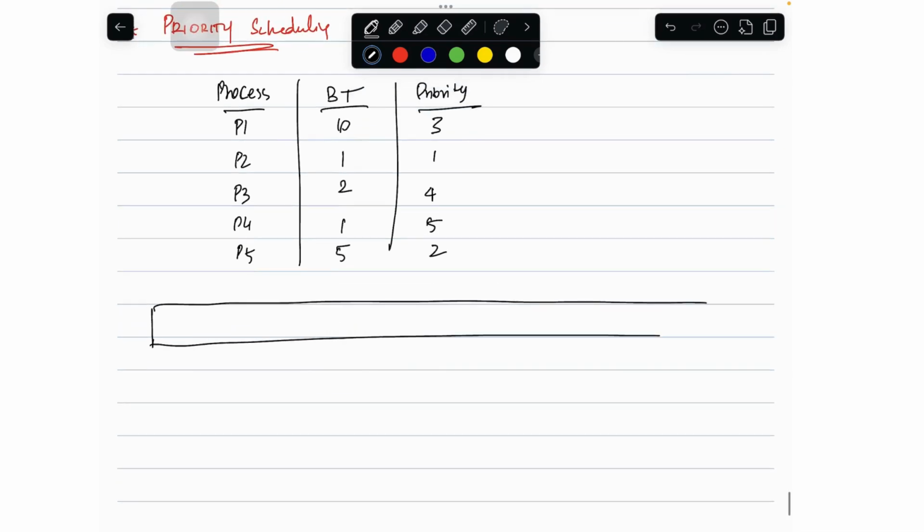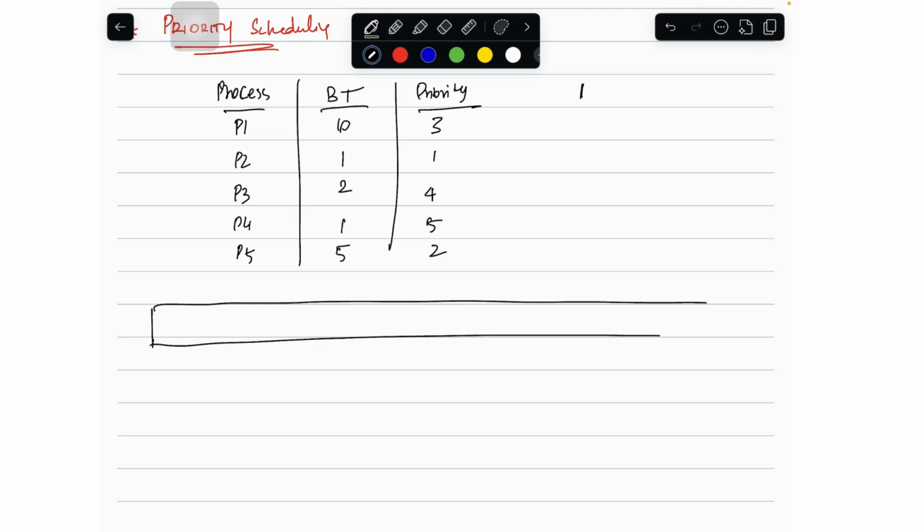Let's do a Gantt chart. Let's assume all the processes are in the ready queue. Everything is ready. We just have to dispatch it based on priorities. So we know that 1 is the highest priority. Priorities can change.